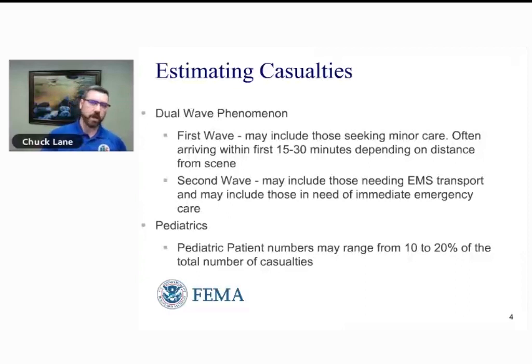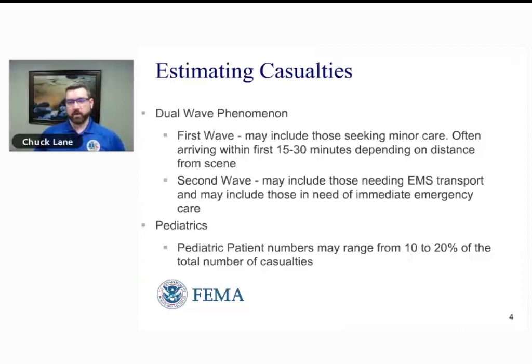That first wave is generally going to be transported by personal vehicle, whether it's them driving themselves away from a scene, fleeing on foot, or in the case of the Las Vegas shooting, where a lot of people were just put into personal vehicles and then driven to the hospital. So there's this rapid extraction from the incident scene, going to seek emergency medical care, and you don't have that delay of EMS going to the scene, packaging up a patient, triaging, and then transporting them to the facility.